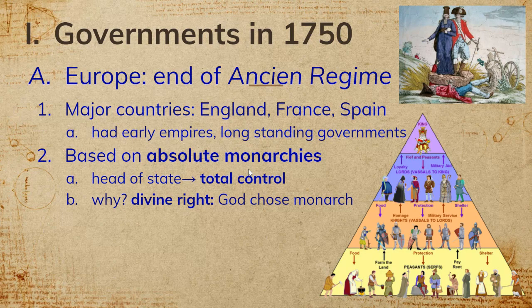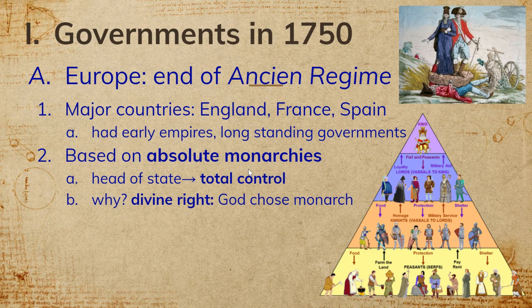Because prior to 1750, governments and political states were set up in such a way that referred back to the Middle Ages that you might remember from like 7th grade history. And after 1750, we start to see some major political, social, economic changes.